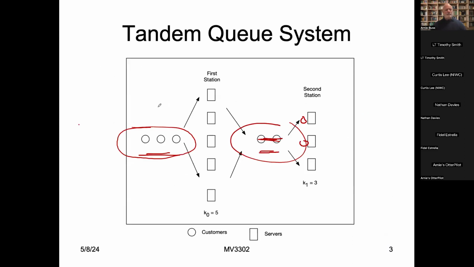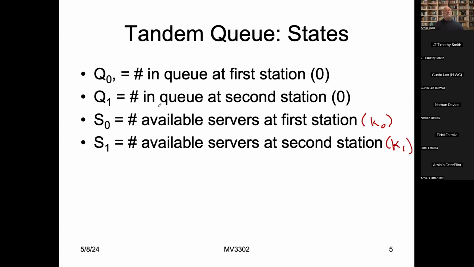For this model, that's all we can think of so far. You could add in a few other ones, like the number in the system at the first station. We could call that L0, and the number in the system at the second station, the Q plus in service.